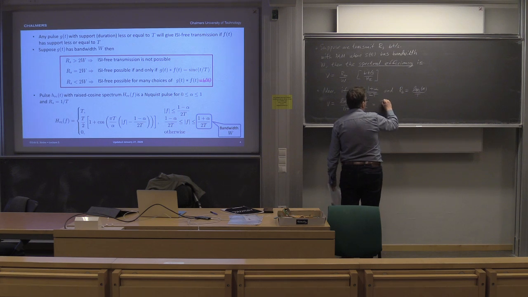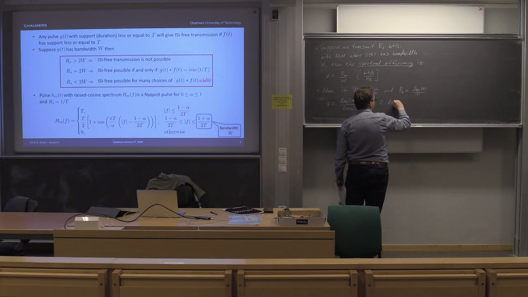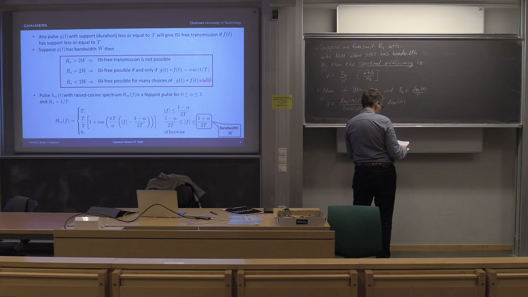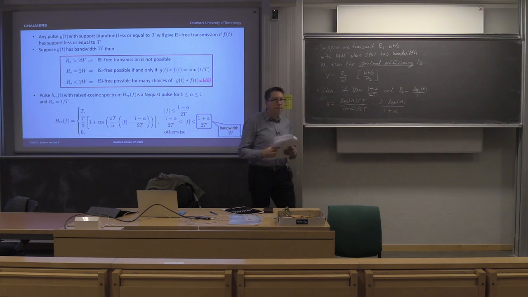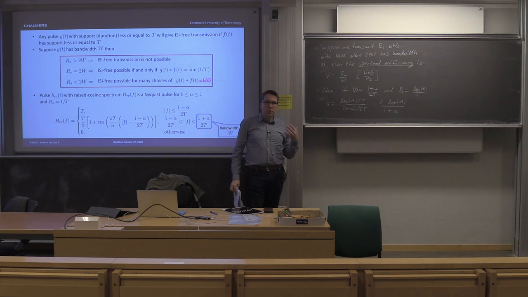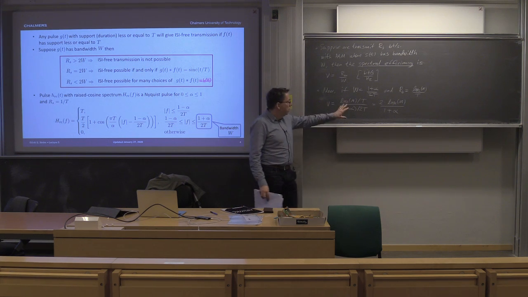And this is just 2 times log 2 of M divided by 1 plus alpha. Okay, hopefully this was clear.